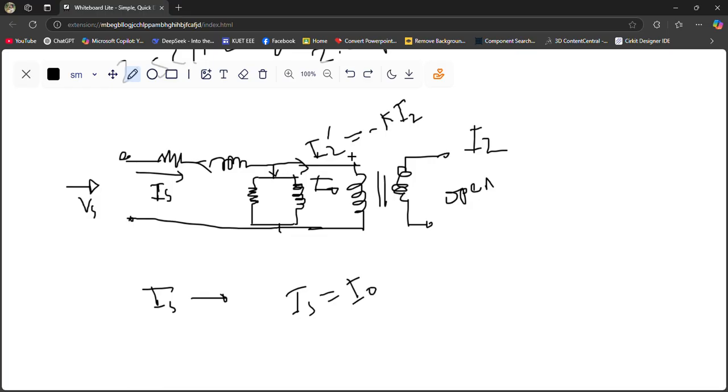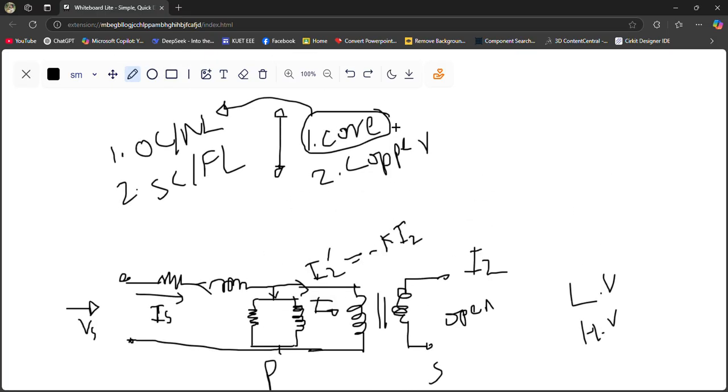Secondly, we have the primary side and secondary side, but in the transformer we also have two sides, like low voltage side and high voltage side. So which side should be primary and which secondary? Look, when we try to get this core loss component, we have to think about the core only.